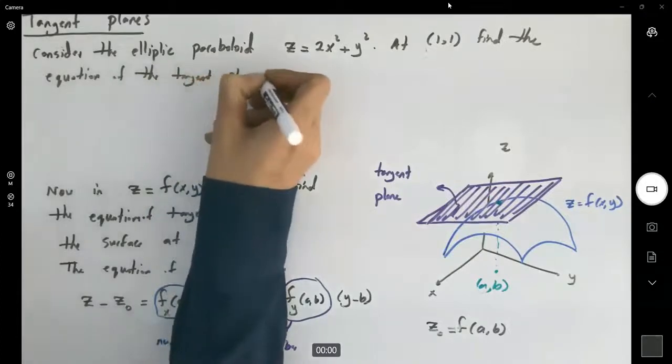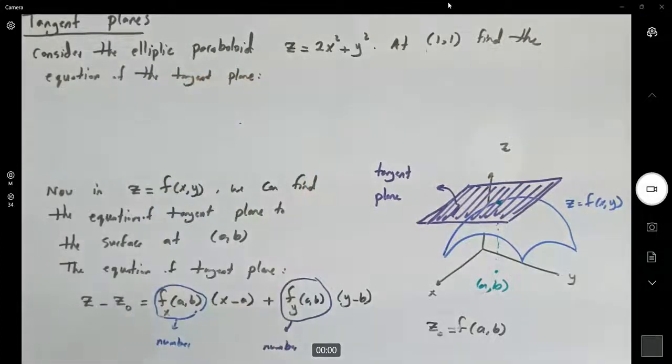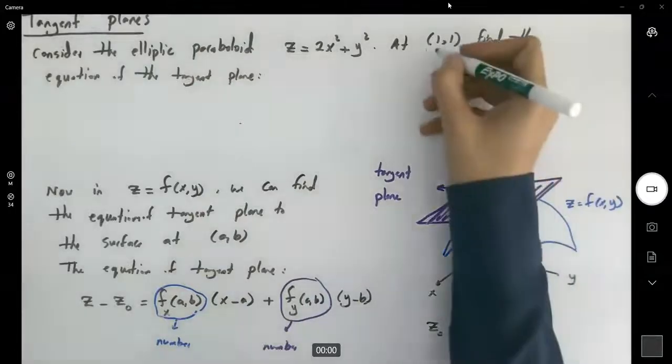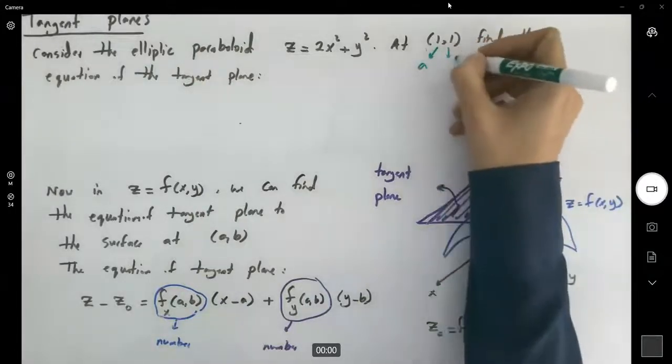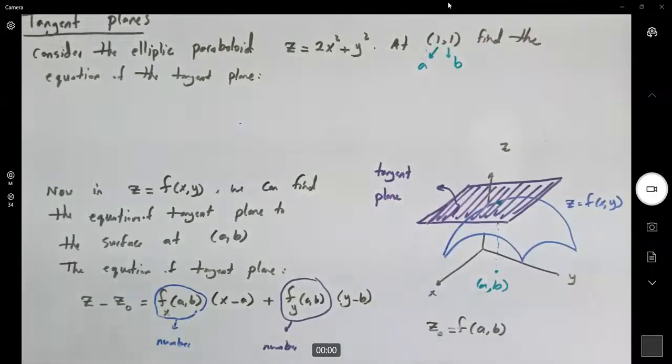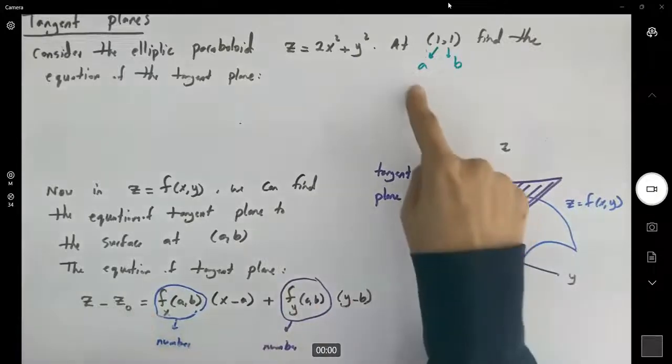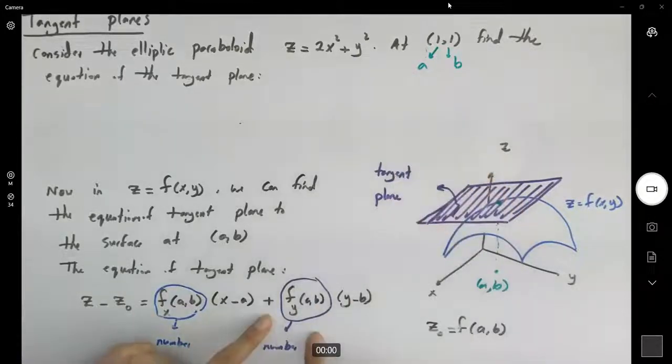We have the formula. We need to follow the formula. This is my a. This is my b. I need to find a partial derivative with respect to x, evaluate at a and b, find a partial derivative with respect to y, evaluate at a and b, and then I'm done.